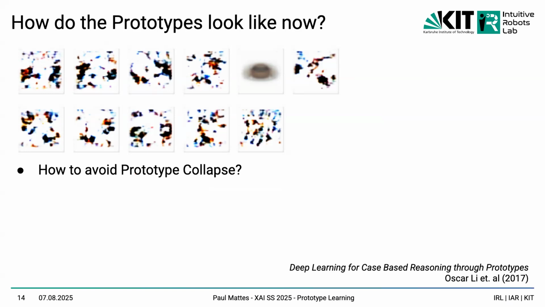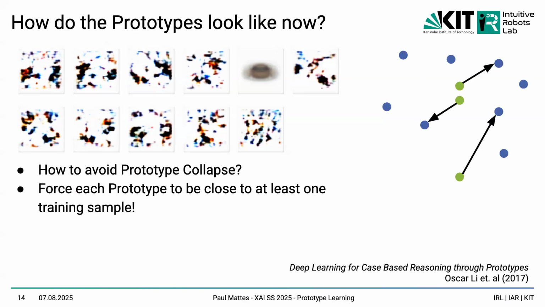So the prototypes here, they are collapsing, and we want to avoid this. So we can add additional losses. For one, we can have a loss where each prototype should be close to at least one training sample. If you think about it, we have a prototype and it's somewhere in our latent space and it's just going around there without really being near any of the training samples.